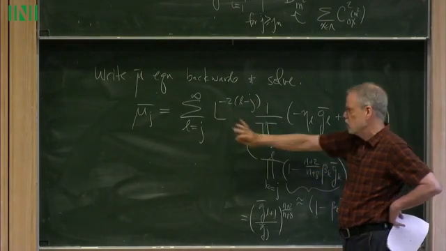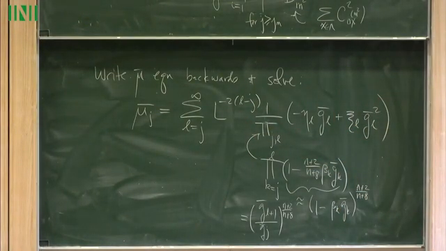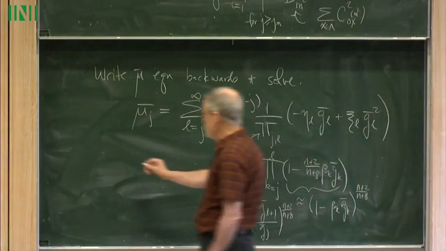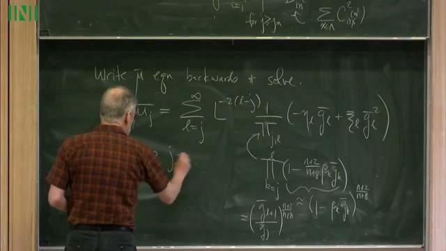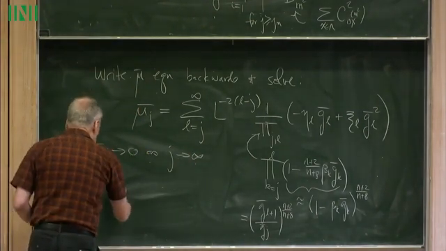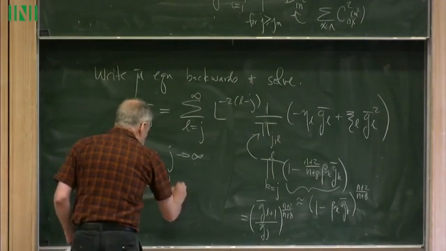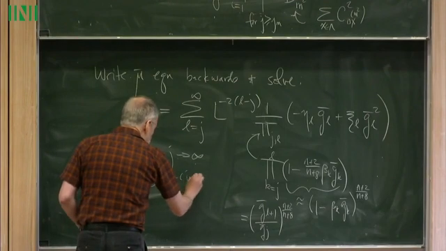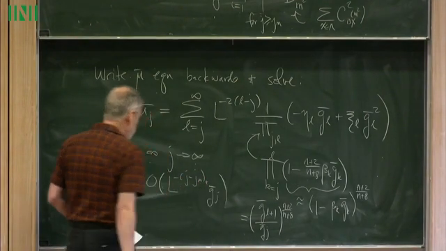This exponential just makes everything converge. There's no problem with this sum at all. And so, in particular, mu bar j goes to 0 as j goes to infinity. And in fact, mu bar j is order of L to the minus j times g_j bar.